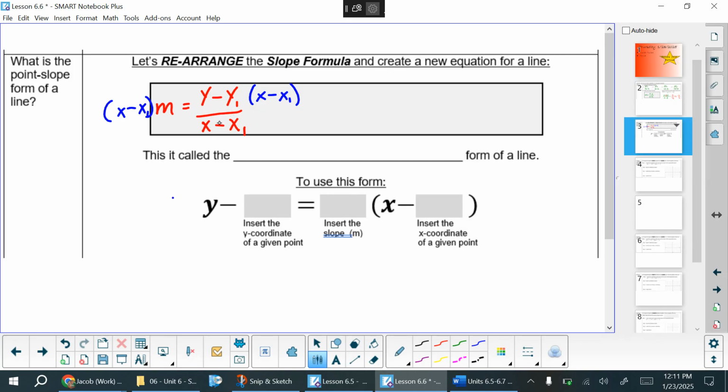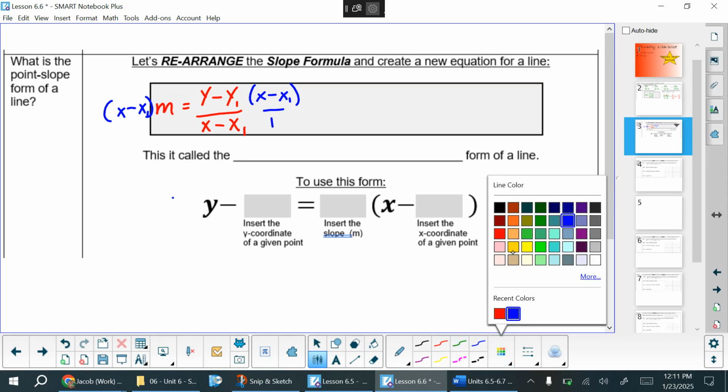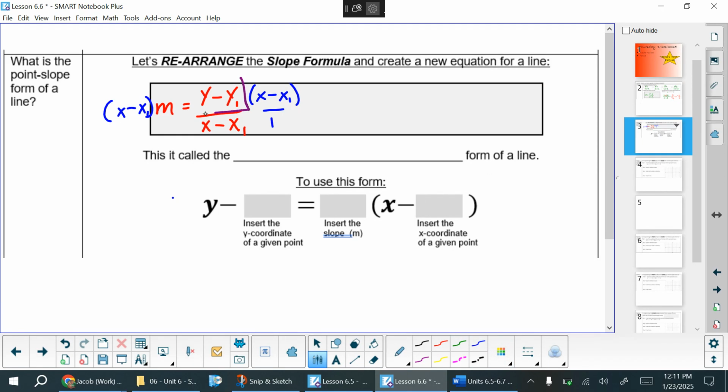And what you're going to notice here is just like any time we've multiplied something in the denominator with something in the numerator, we're multiplying by reciprocals there, that's going to just make a big 1. That's going to kind of cancel each other out or undo each other. And that is just going to leave us with this equation right here. And I'm just going to flip it around left for right and write it like this. y minus y1 equals m times x minus x1.